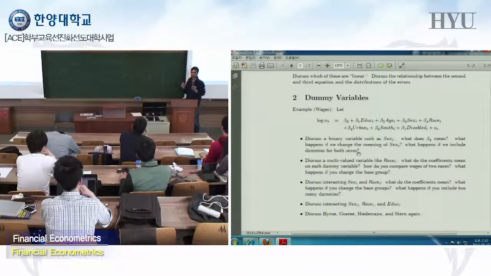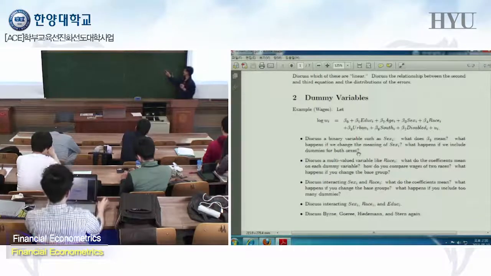So when we use dummy variables, we have to be careful not to include every possible category. We have to drop one of them, and second, we have to be careful in interpreting the coefficient. The coefficient does not simply mean the wage of being a black, being an Asian, being a white.